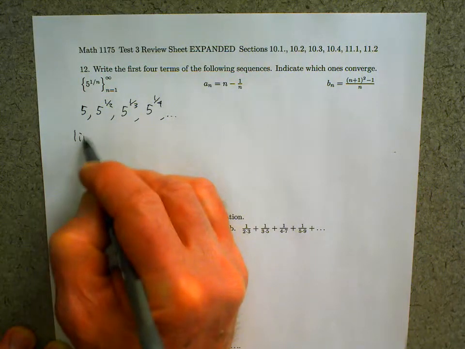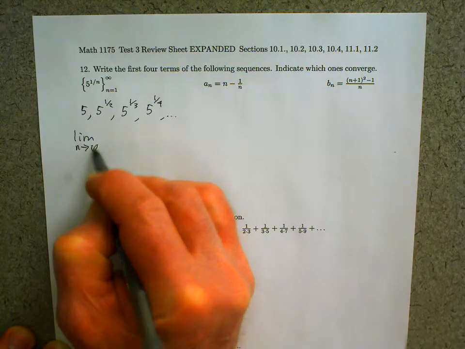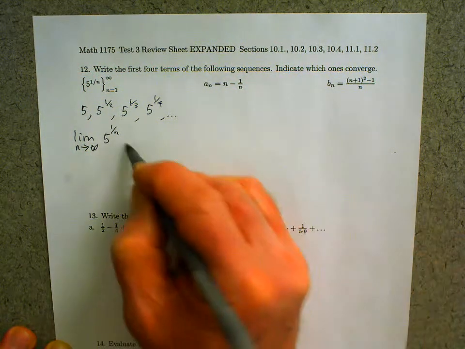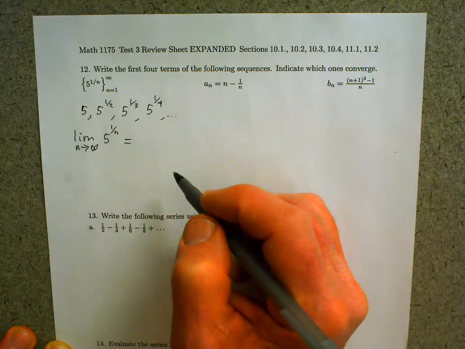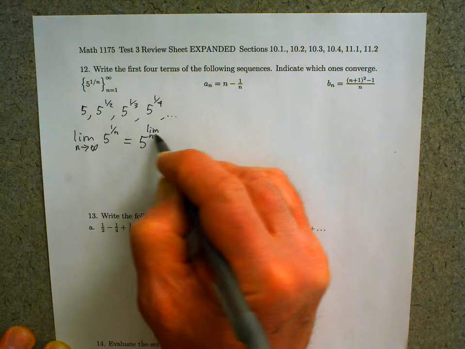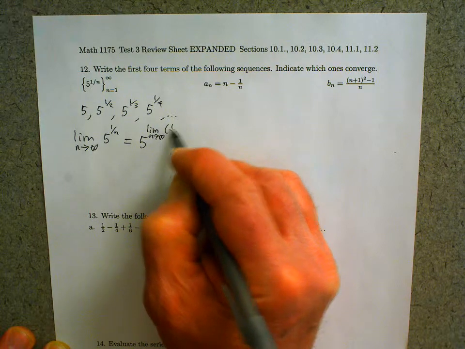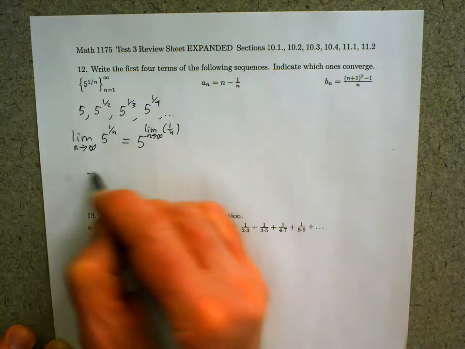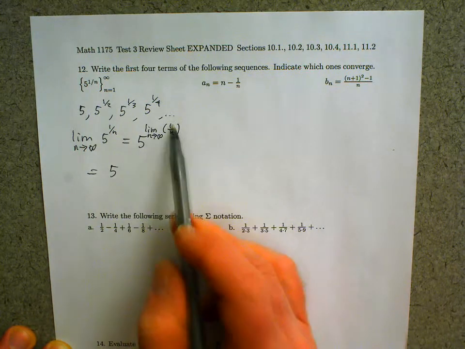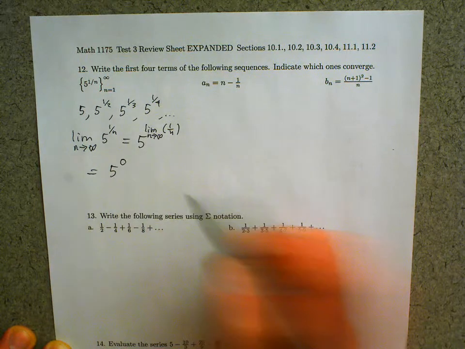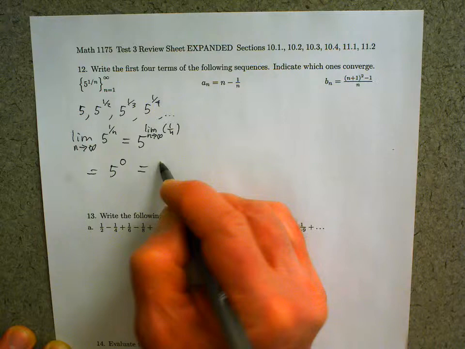So the limit as n approaches infinity of 5 to the 1/n, we can write this as 5 to the limit as n approaches infinity of 1/n. And the limit of 1/n as n goes to infinity is 0, so the limit is 5 to the 0, which is 1.